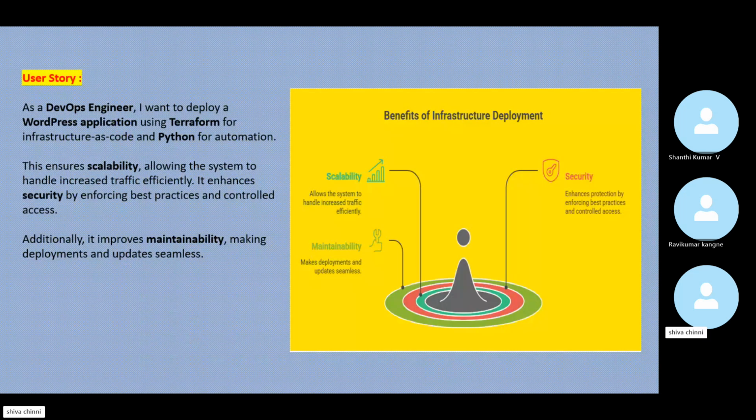It will also enhance security by following best practices that control access, and improve maintainability by making these automated deployments, through the console and CLI. So these are the benefits of infrastructure deployment: following best practices, handling increased traffic, scalability, as well as maintainability.